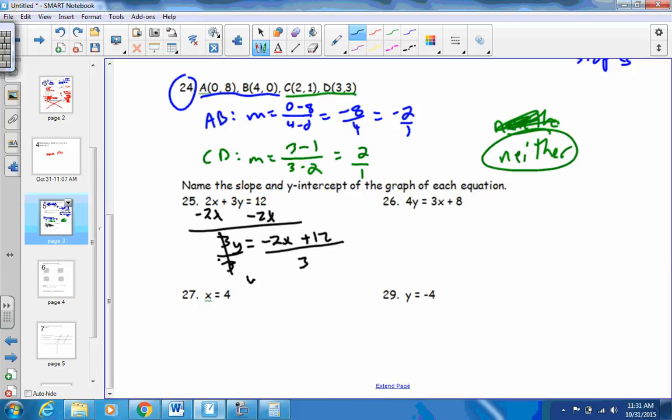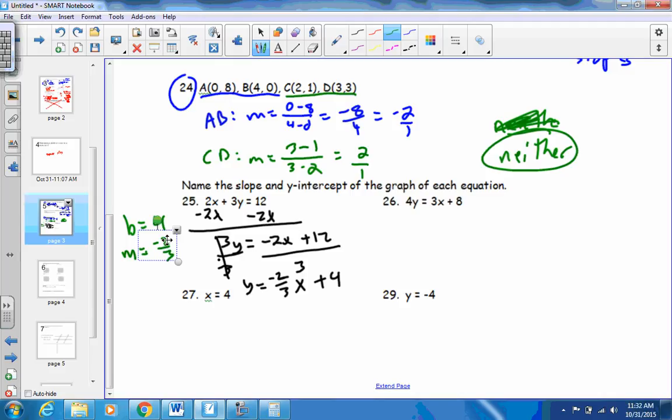You end up with y equals negative 2/3 x plus 12 over 3, which is 4. So then for number 25, your y-intercept is positive 4, and your slope is negative 2/3. There you go.